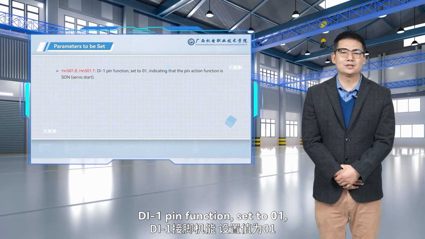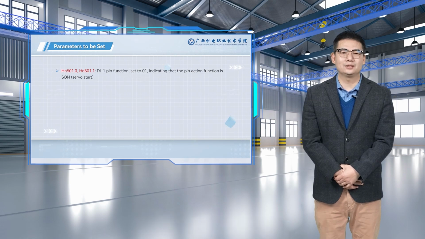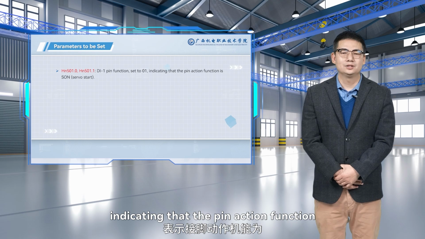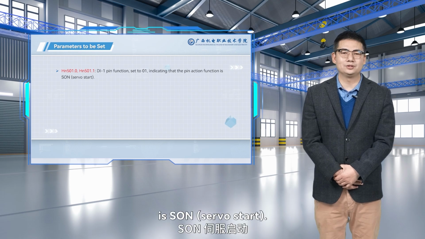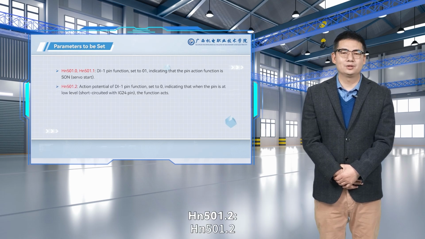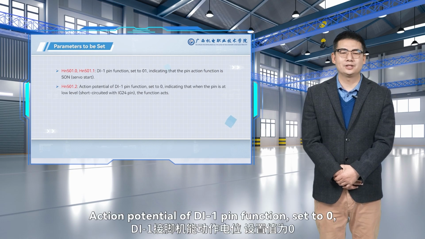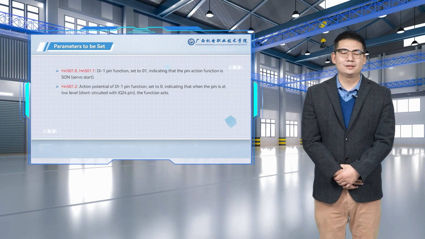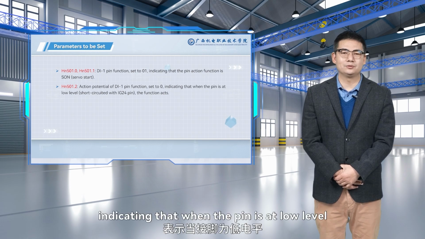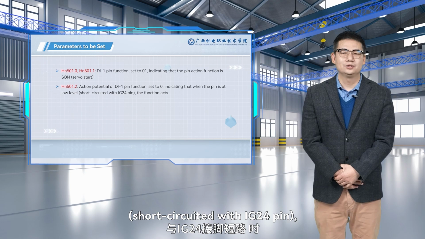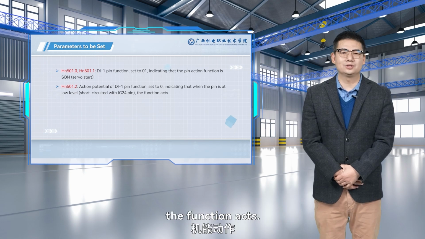DI 1-pin function, set to 01, indicating that the pin action function is SON, servo start. HN501.2. Action potential of DI 1-pin function, set to 0, indicating that when the pin is at low level, short-circuited with the IG24 pin, the function acts.